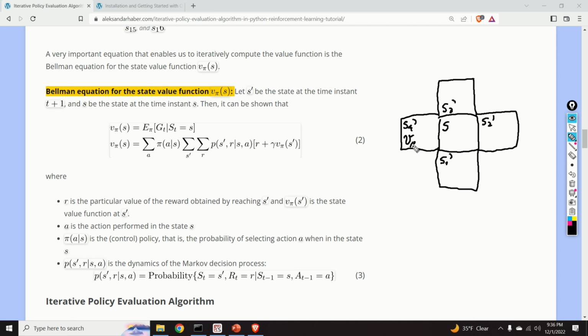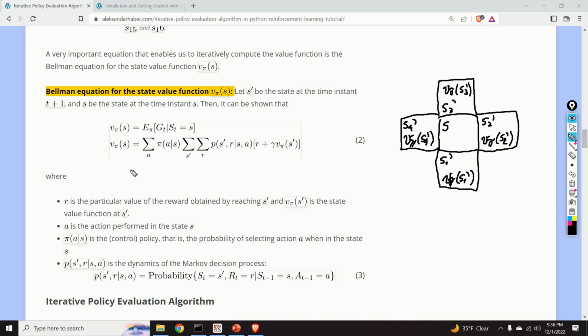So this is the value function at S4 prime. This is the value function at S1 prime. This is the value function at S2 prime, and this is the value function at S3 prime.